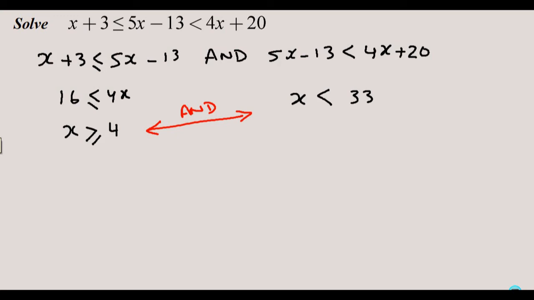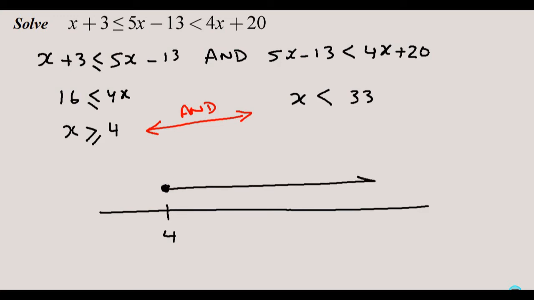So we draw the number line. The first inequality, if this is the 4, then this is included, and everything that's a value of 4 or more satisfies this inequality. We have another inequality at 33, but 33 is not included, and anything less than 33 satisfies this inequality.